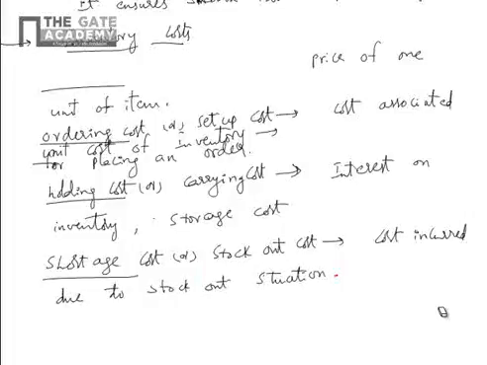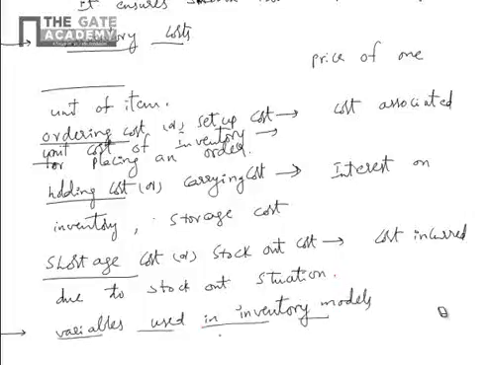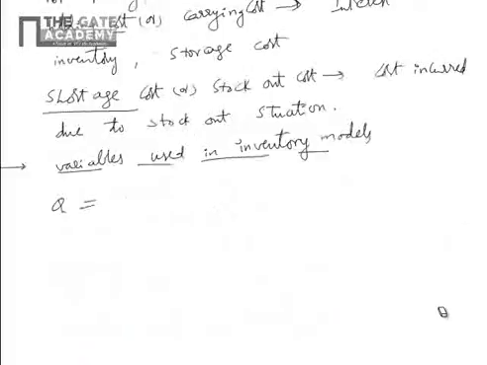So variables in inventory models, these are important. So there are a few variables. Q is the ordering quantity.